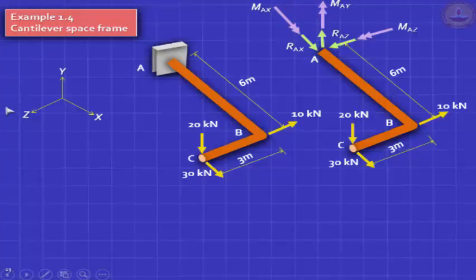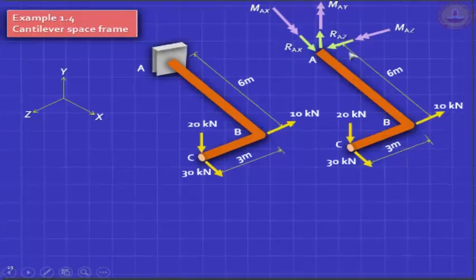In the x direction, the force is Rax, the moment is Max. This is horizontal. In the z direction, which is also horizontal and perpendicular, I have Raz and Maz, and in the vertical y direction, I have Ray and May.